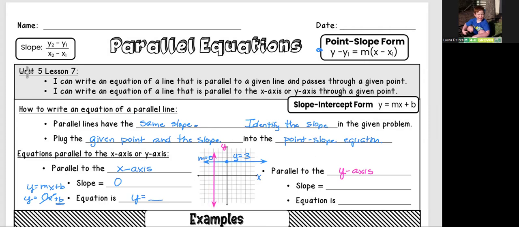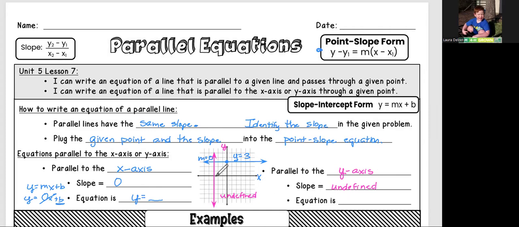Notice that my slope here is undefined. It's going up and down, it's a vertical line, so I can just write undefined here. If they're parallel to the y-axis, all of them will be undefined, just like if they're parallel to the x-axis, all of their slopes will be 0.